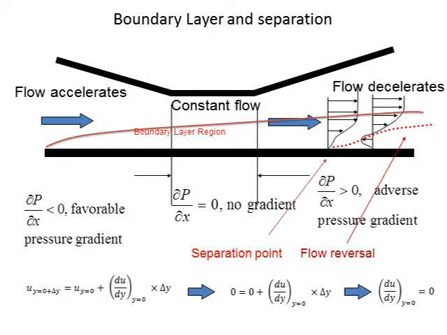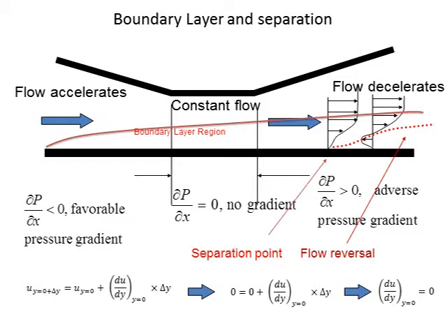From the figure you see the boundary layer region by the red mark, and the separation point you can see from the dotted red line. So at the exit flow reversal takes place.